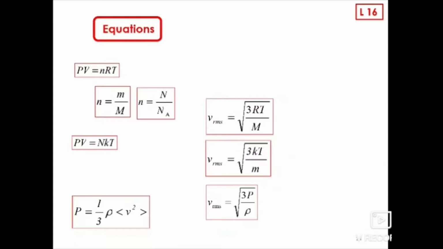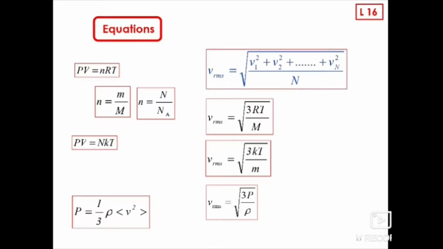Okay, so we continue with the equation of VRMS. So actually we have 4 equations for VRMS. The first equation we get from the definition of VRMS from earlier. Other than that, we have another 3 equations for VRMS. So let's look first, VRMS equal to square root of 3kT over m. Let's see. PV equal to NkT.